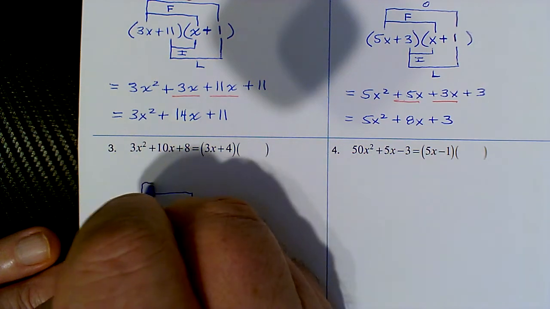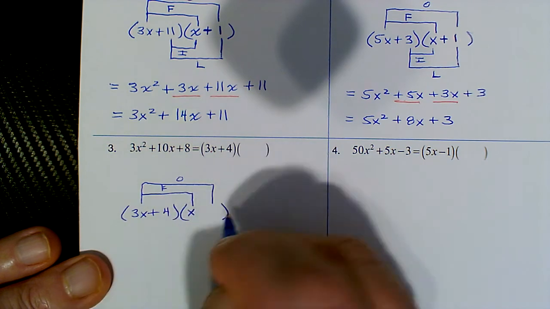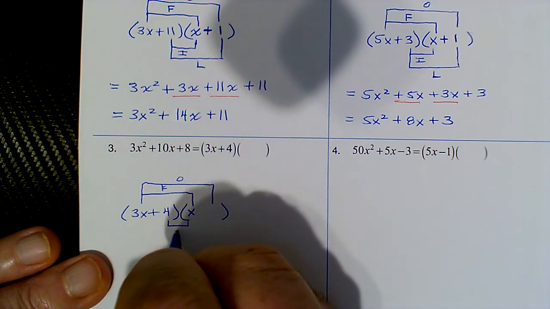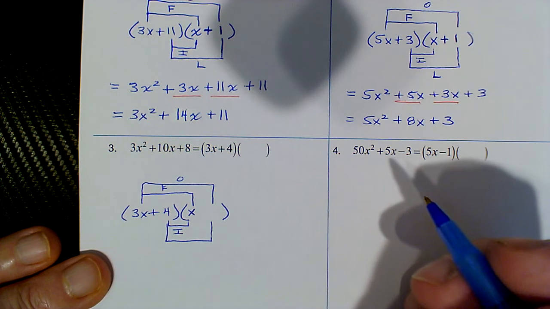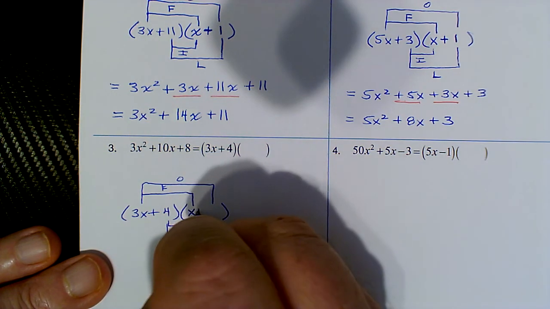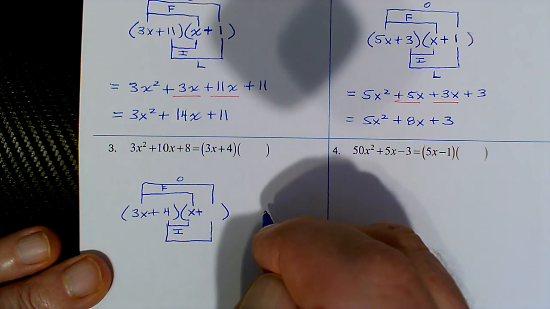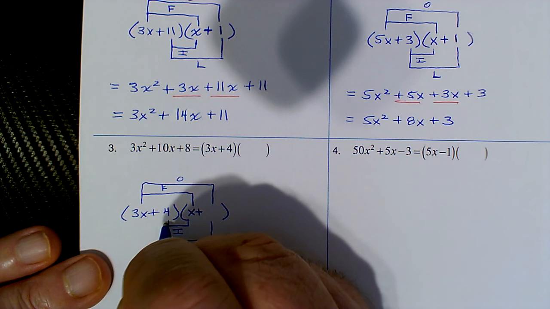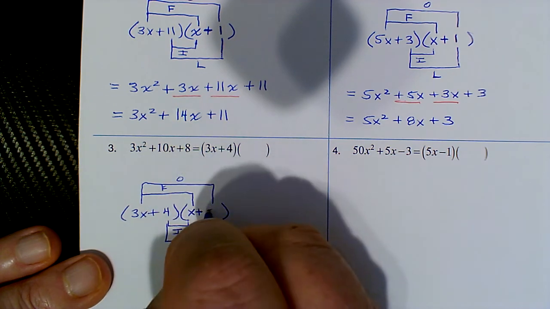And so let me label that as F. Worry about the O and the I in a minute. And we'll force the last ones. And the last are positive again. Both terms must be positive for the same reasoning as the first two examples. And in order to multiply 4 times something to get 8, looks like we needed 2.